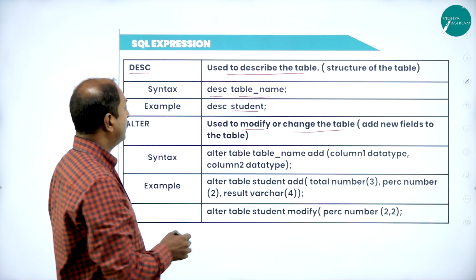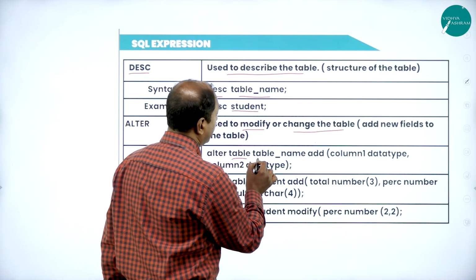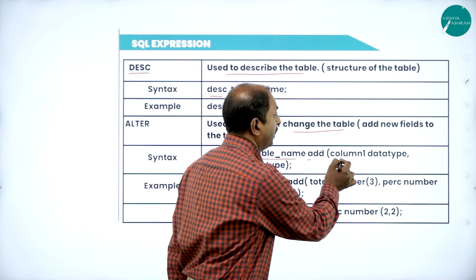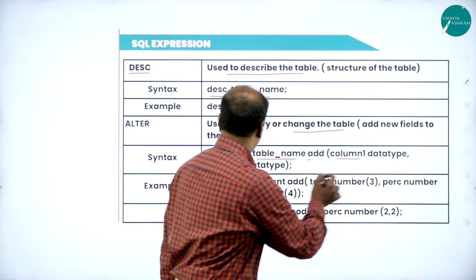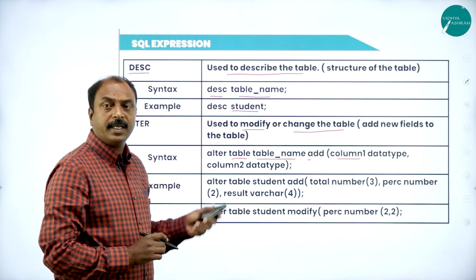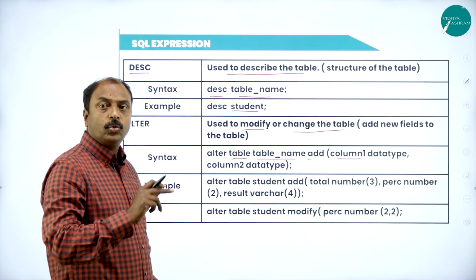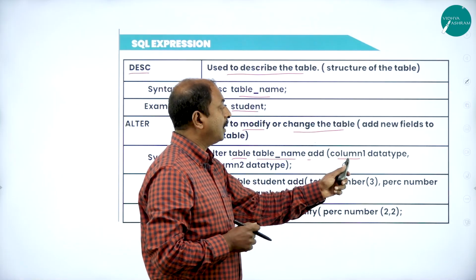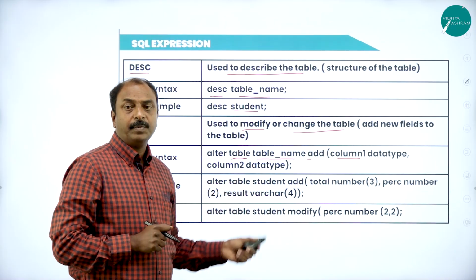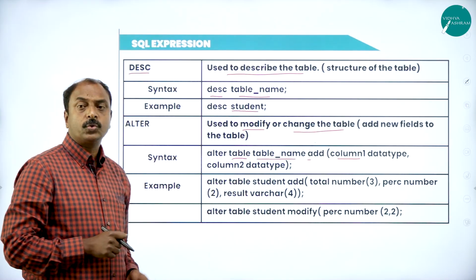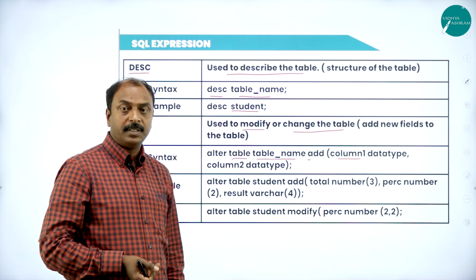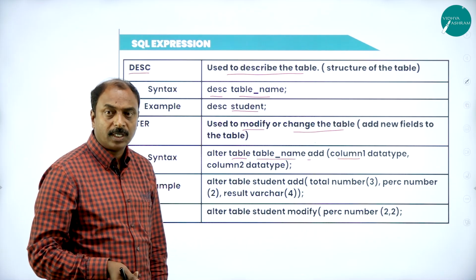The syntax is alter table, table name, add, and here column 1 data type, column 2 data type. So to the existing table we are going to add 2 more additional columns, that is column 1 with the data type as well as column 2 with the data type. So the alter command is used to modify the table structure by adding additional columns.